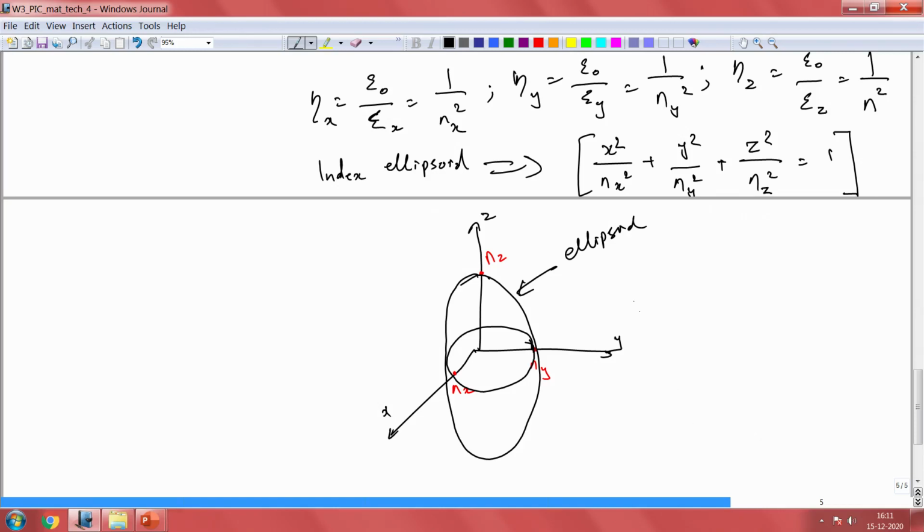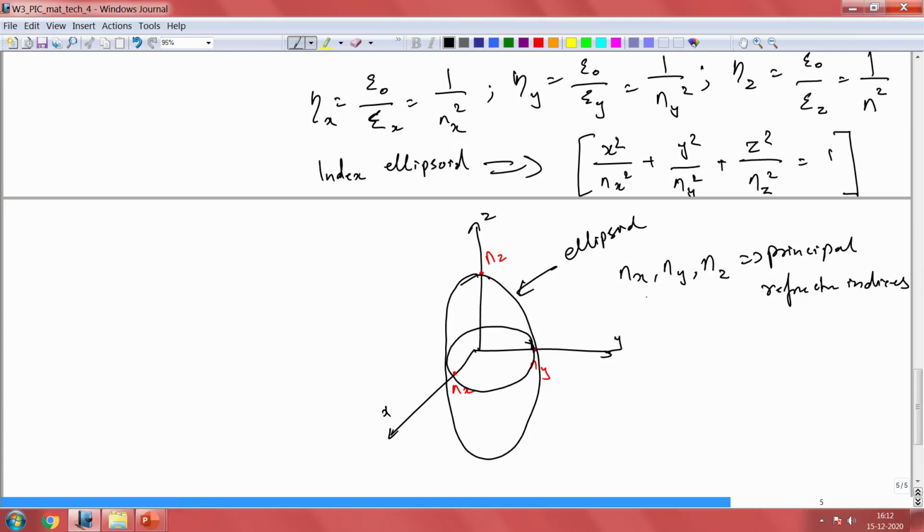So nx, ny and nz are all principal refractive indices of the crystal in the x, y and z coordinate system in this case. You can also rotate this, but then you have to do some transformation.